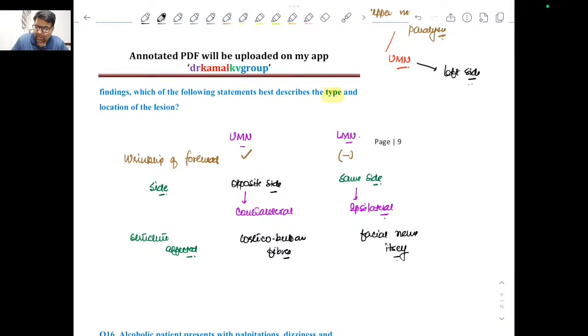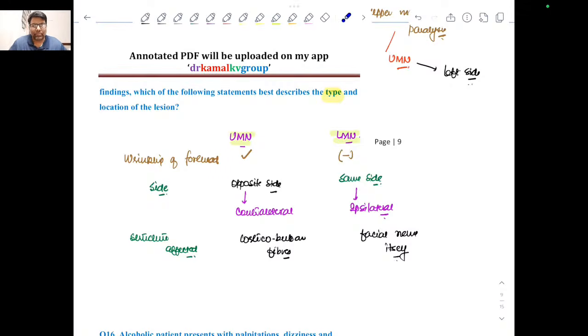So these are the three important differences which you should know. And how will we differentiate? The only thing is whether the patient is able to wrinkle the forehead or not. If there is no wrinkling of forehead, then most likely it is lower motor neuron. If the patient can wrinkle the forehead, then it is upper motor neuron, and the pathology is on the opposite side.